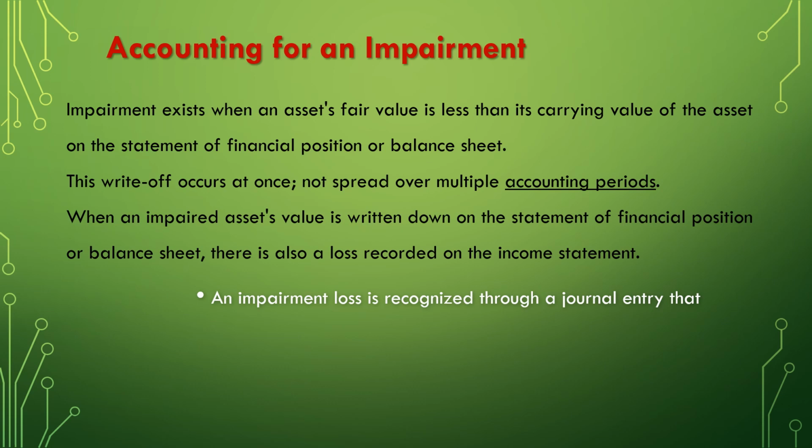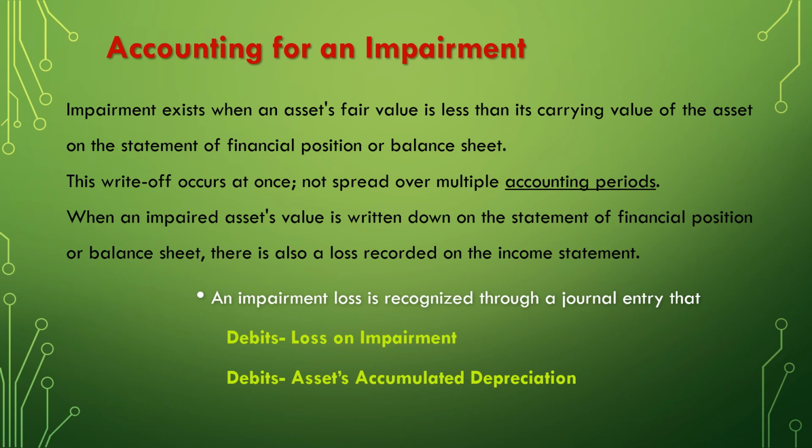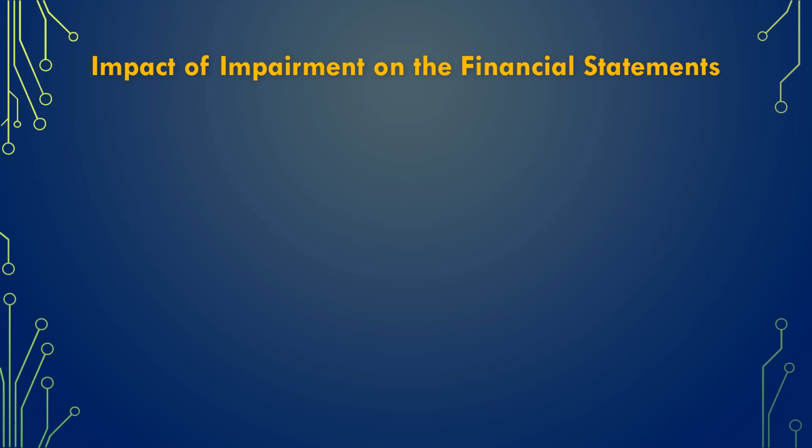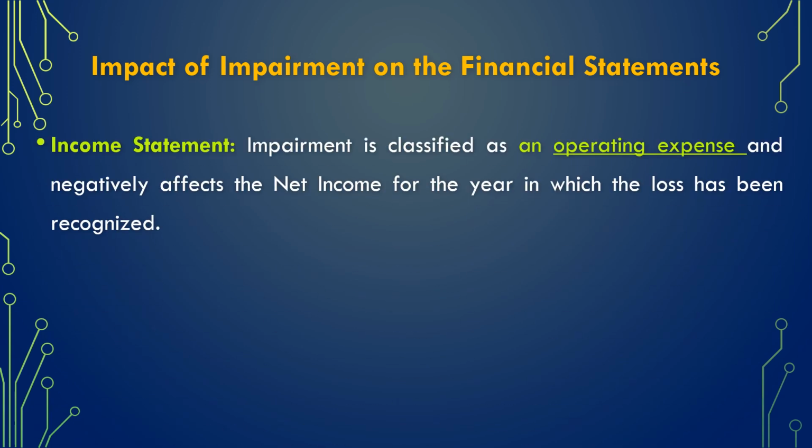An impairment loss is recognized through a journal entry by debiting the loss on impairment and debiting the asset's accumulated depreciation, and crediting the asset so it reflects its new lower value. Let's look at the impact of impairment on the financial statements. When it comes to the income statement, impairment is classified as an operating expense and negatively affects the net income for the year in which the loss has been recognized.